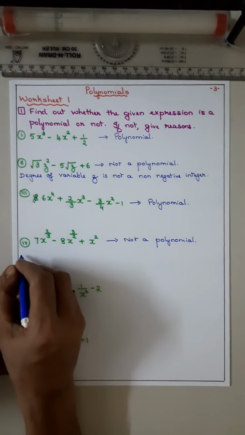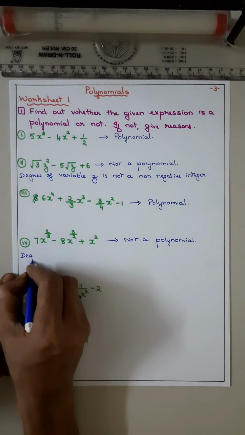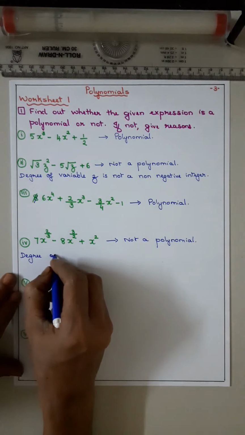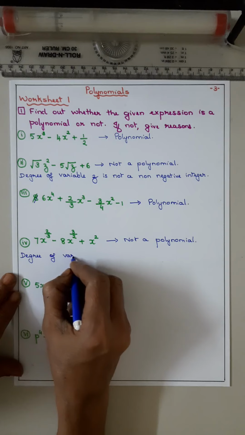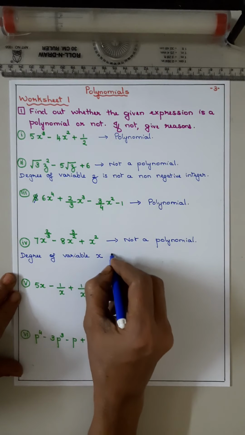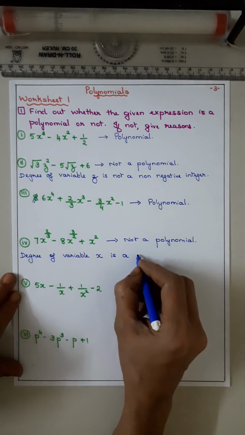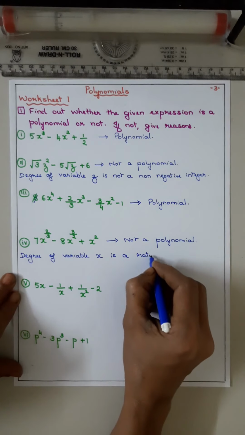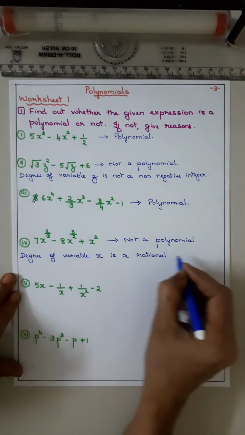Why? The degree of variable, here the variable is what? X is a rational number. Isn't it?